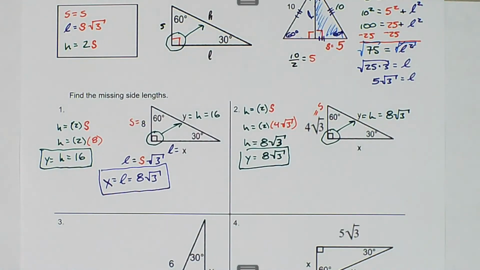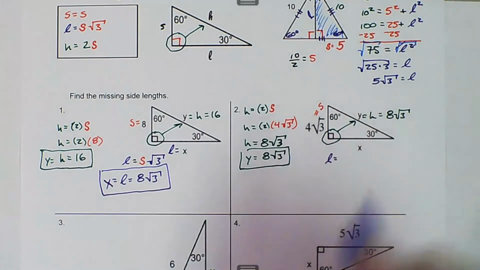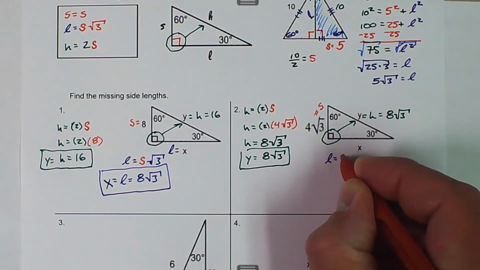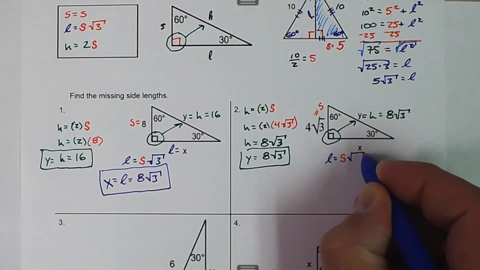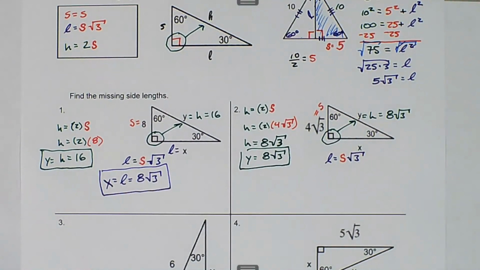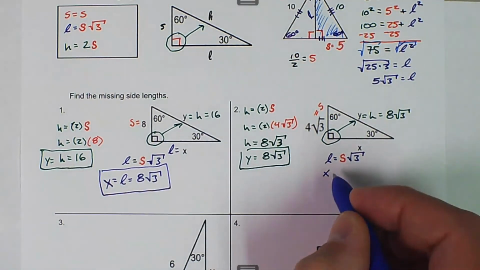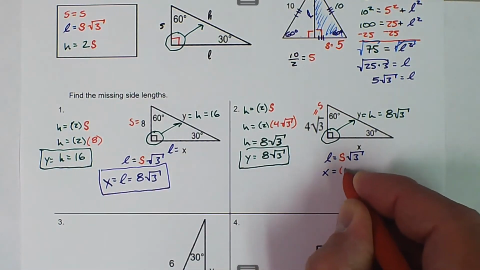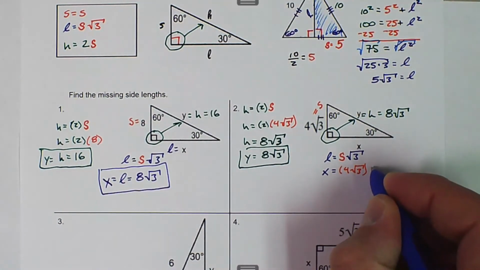Now we just have to find the long side, or the long leg. And so the equation is L is equal to S, or the short side, times the square root of 3. So we can substitute in the values that we know. We know that we're looking for x in this case, and then x is equal to 4 times the square root of 3 and the square root of 3.